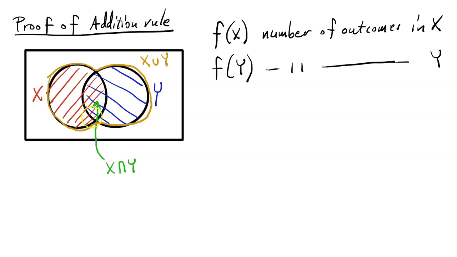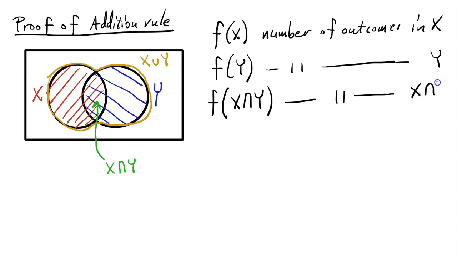How many times we ended up with an outcome in y. So that's just per definition what it means with the symbols. And this is how many outcomes that happened in, or that was in x intersection y. So sometimes you have an outcome here, sometimes you have an outcome here, here.